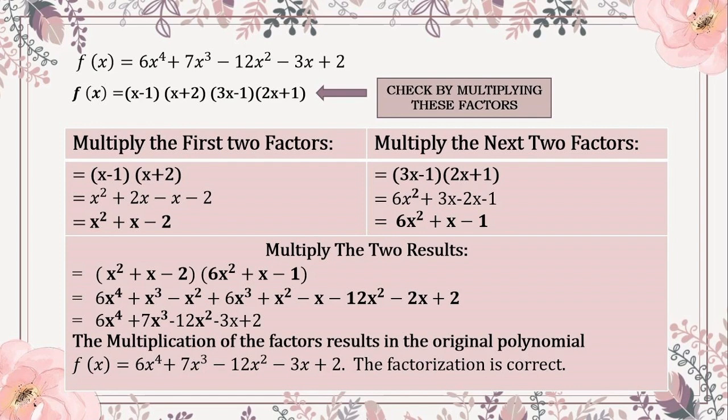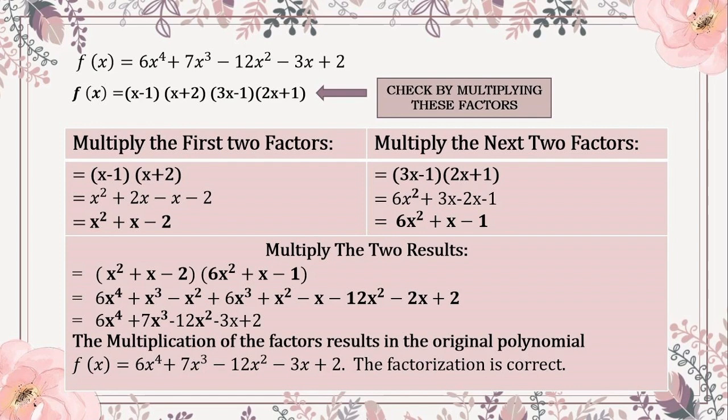So, we are going to multiply the two results, which is the quantity of x squared plus x minus 2 times the 6x squared plus x minus 1. So, it's a long process. The multiplication of our factors results in the original polynomial, confirming that the factorization is correct.